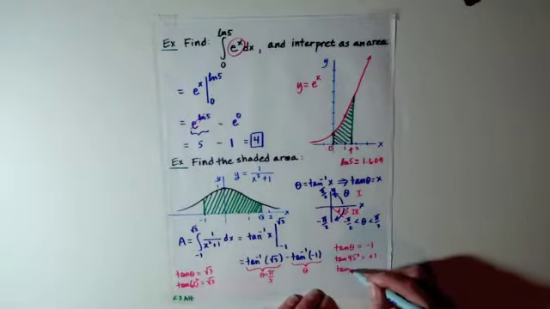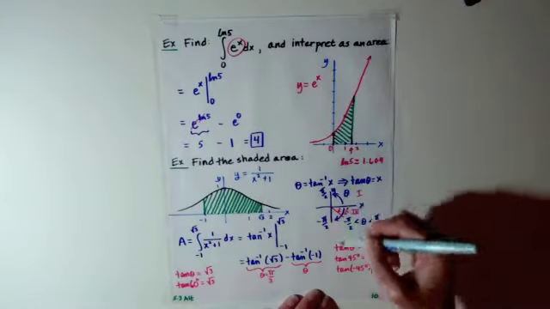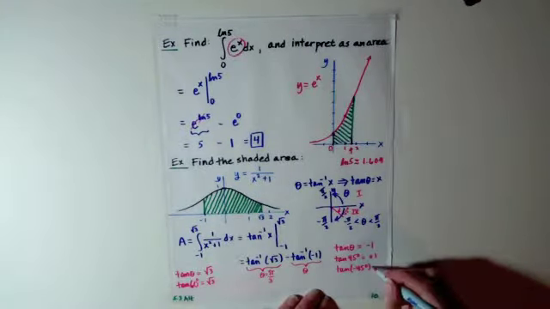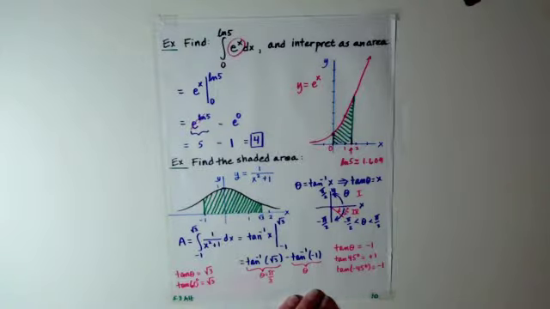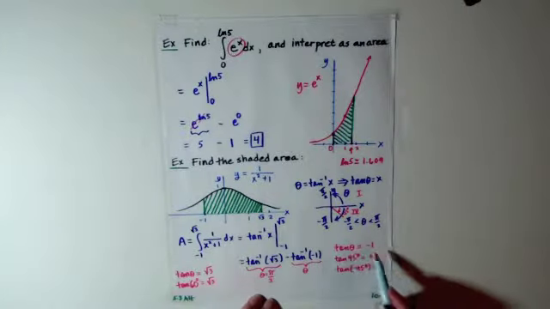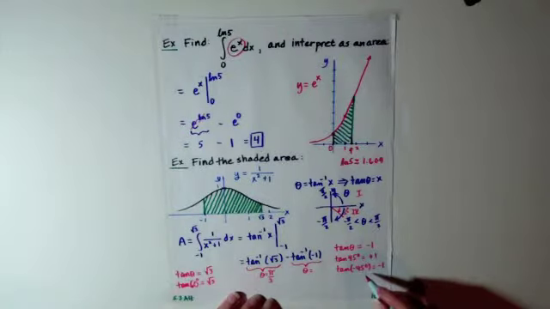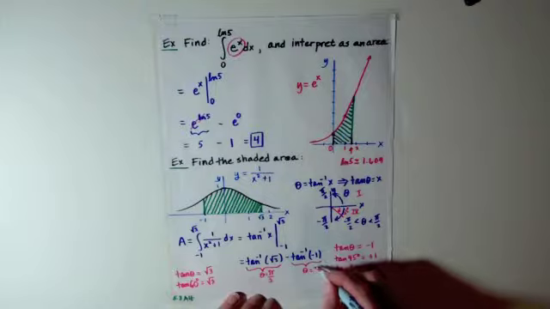So the correct reference angle is 45 degrees, but if I want this to come out to be negative, I better pick an angle in the fourth quadrant. Tangent of minus 45 degrees would be equal to -1, and that's the angle that I want. So this angle, whose tangent is -1, would be equal to minus 45 degrees, but I want that as a pure number in radians, so that would be minus pi over 4.